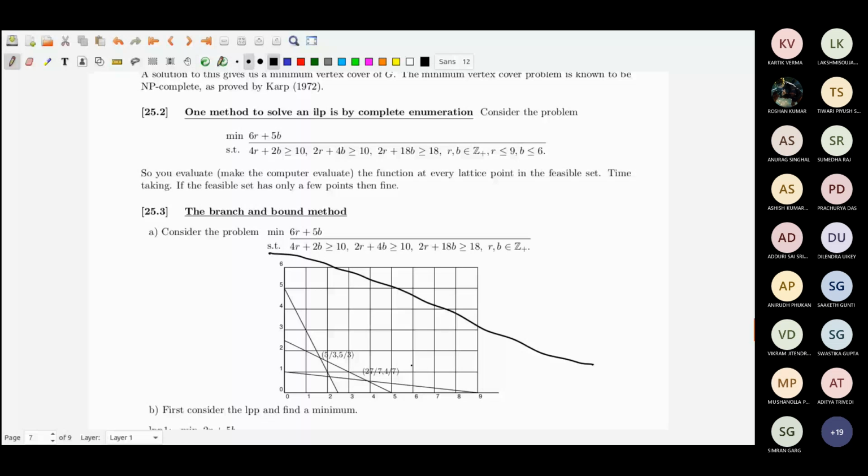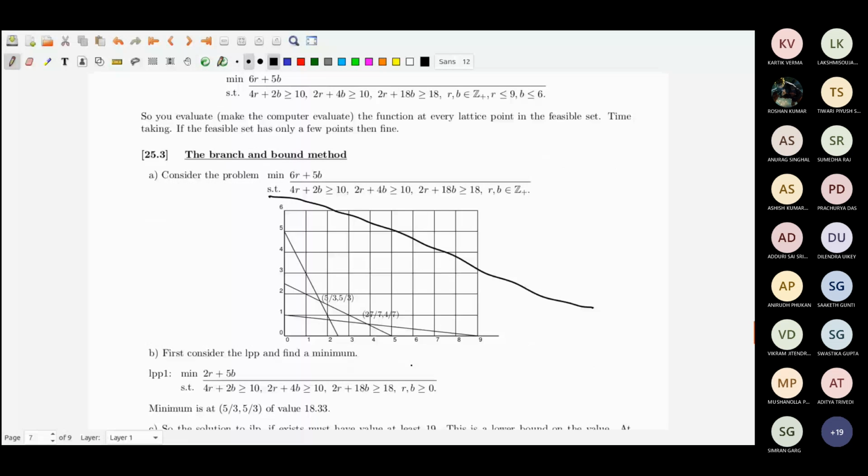I would apply brute force and evaluate the function at all the available lattice points. That is time taking, and for more variables, sometimes it turns out to be very quick, but more often it will be frustrating.